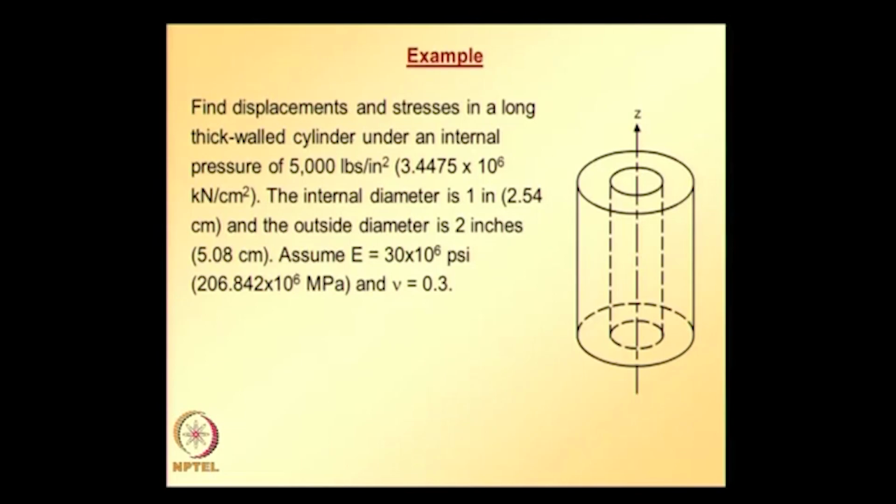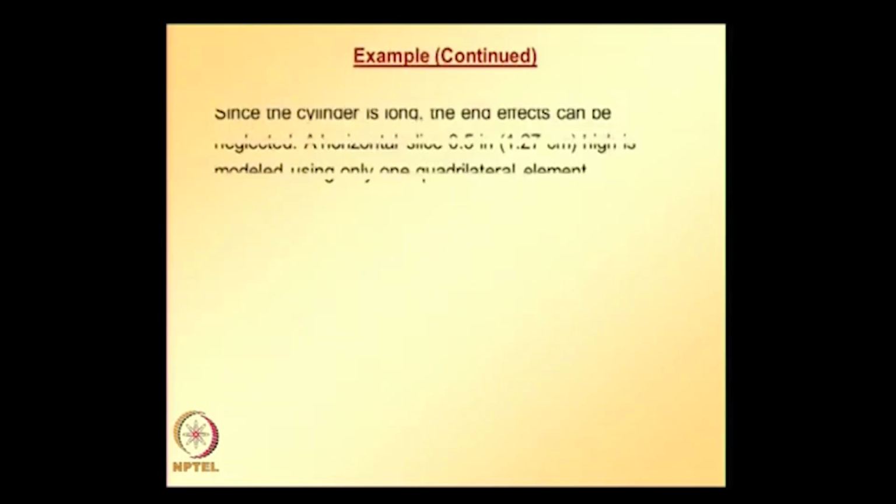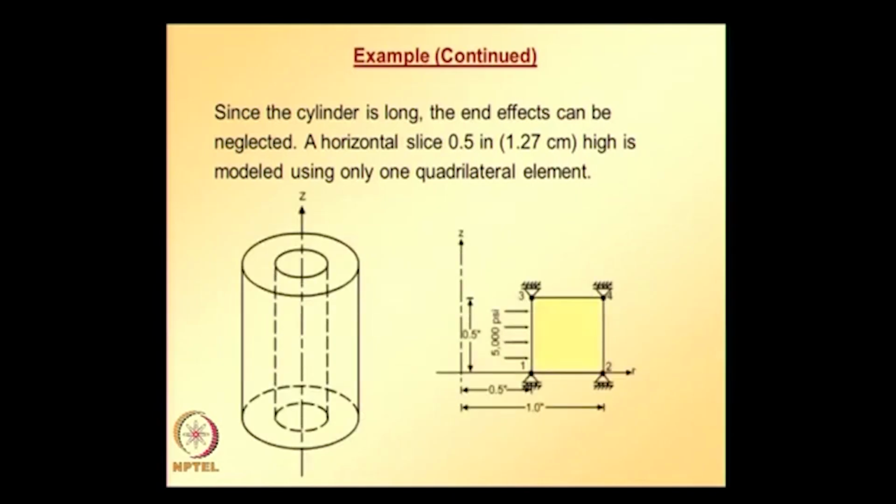So we can use an axisymmetric model, and we will be using one 4 node axisymmetric isoparametric element to solve this problem. Since this cylinder is long, end effects can be neglected. A horizontal slice of 0.1 inch, that is 1.27 centimeters height, is modeled using one quadrilateral element that we discussed.